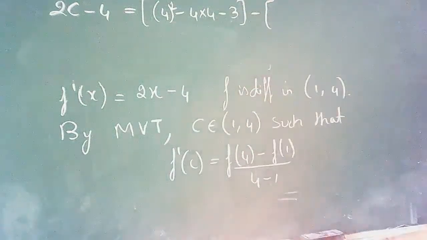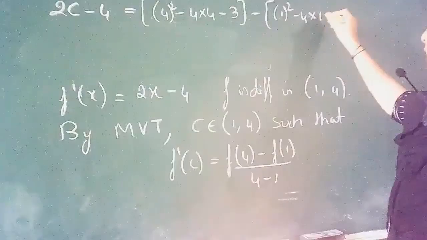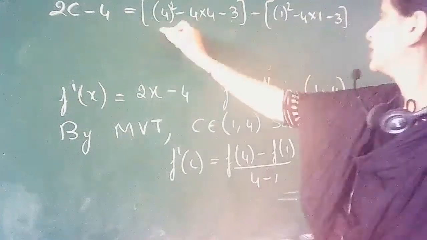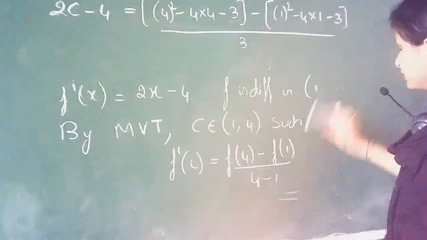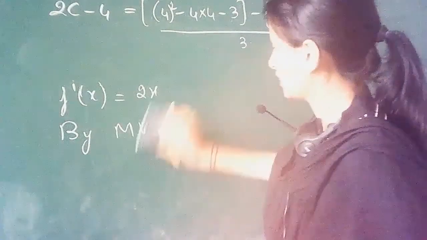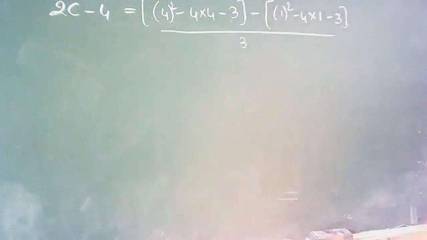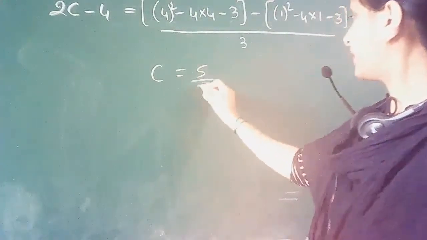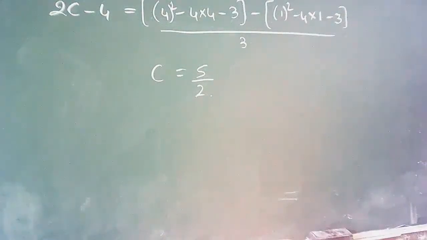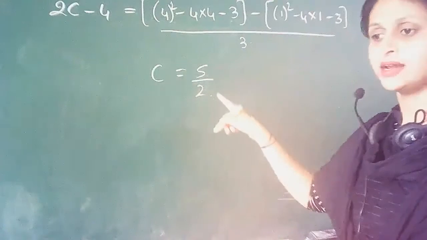Minus, what is f of 1? 1 square minus 4 into 1 minus 3. Divided by 4 minus 1, which is 3. I hope you understood it. I just substituted. If you solve this whole thing, you will get the value of c as 5 by 2.